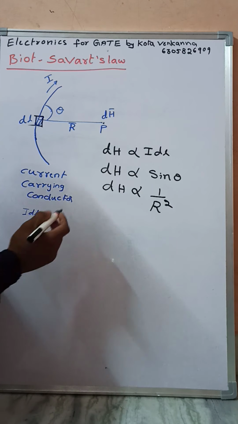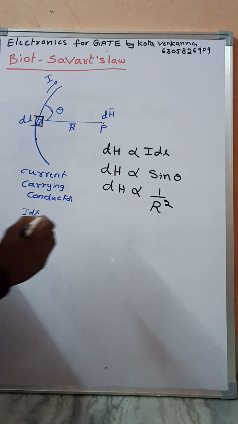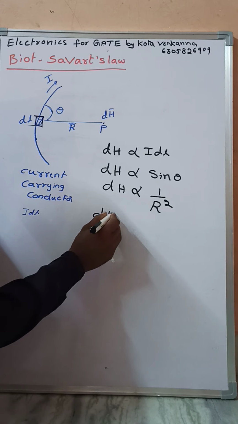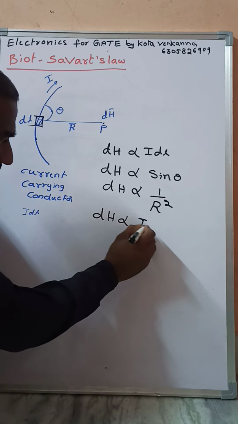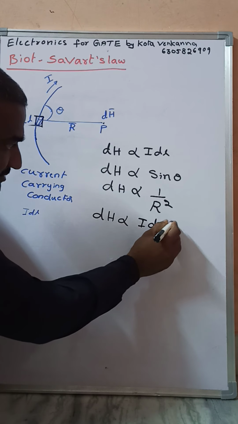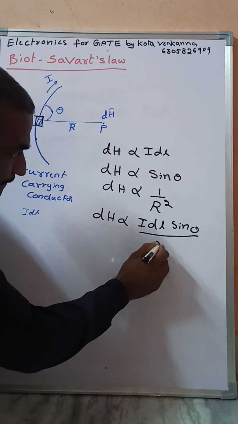Combining these three, it can be written as dH directly proportional to I dl sin theta by r square.